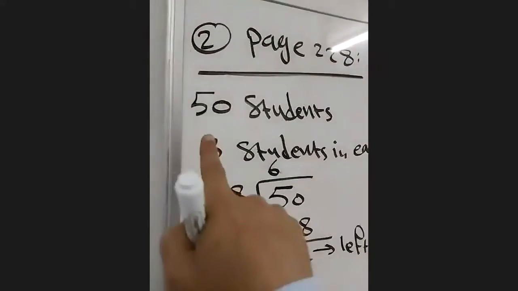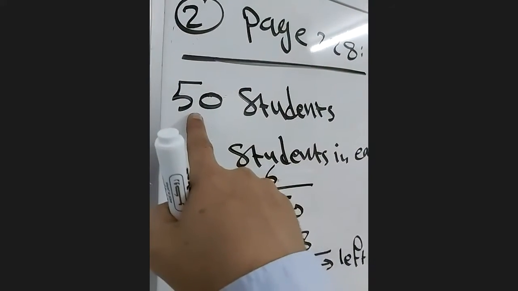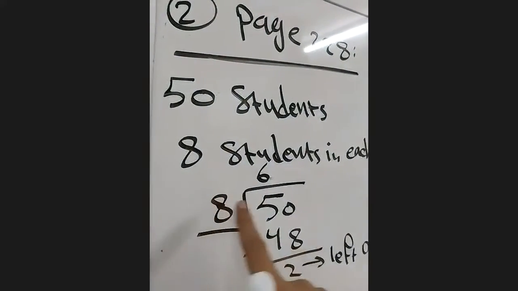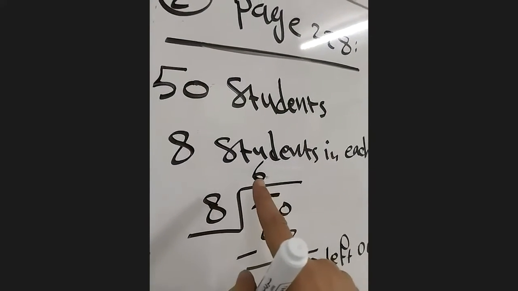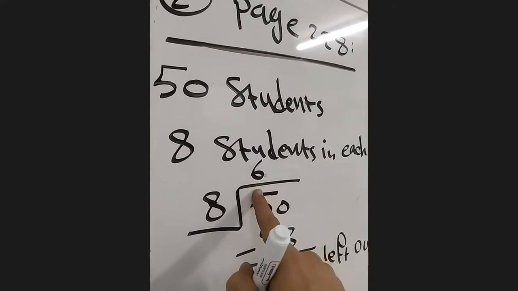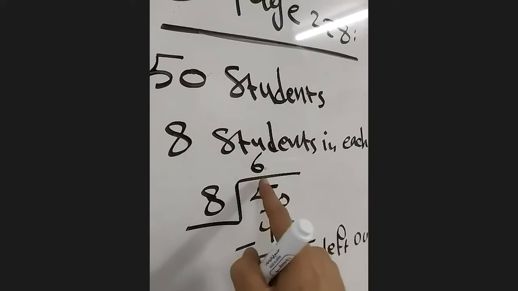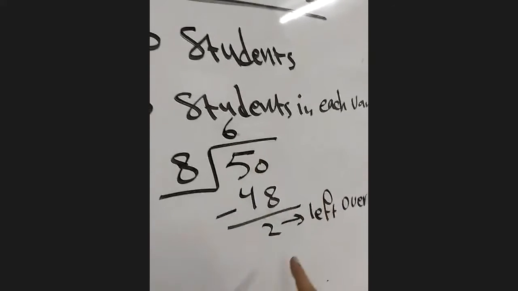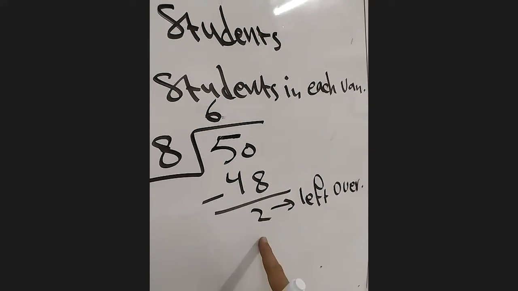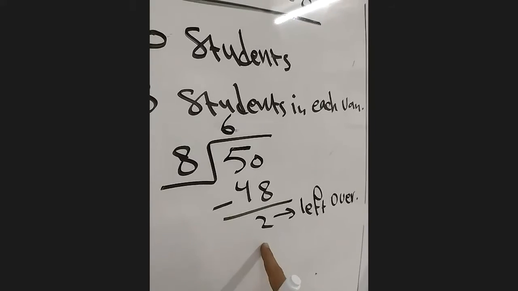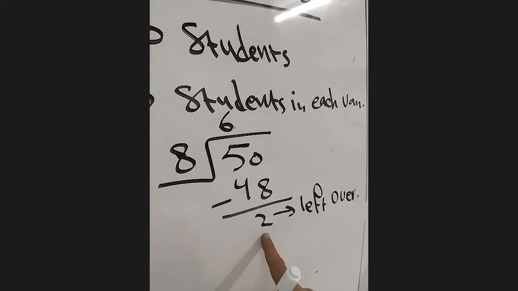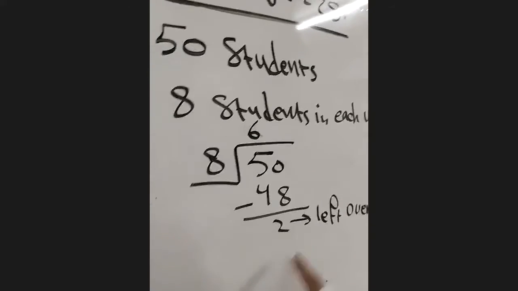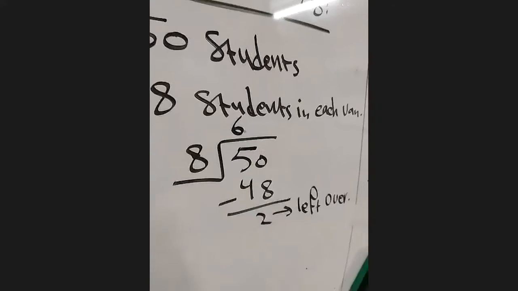How many students do we have? 50. And how many buses do we get? 6. But if we get 6 buses, still 2 students won't have a place to go, right? But what do we need to do to make all the students go?